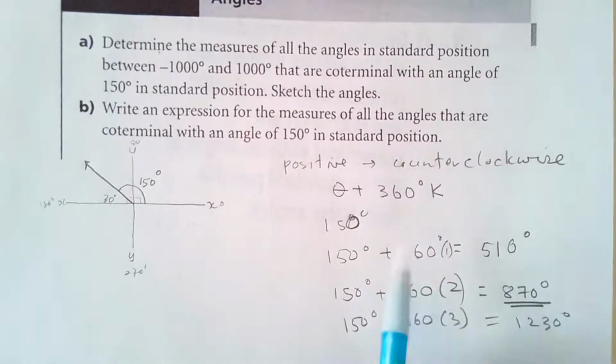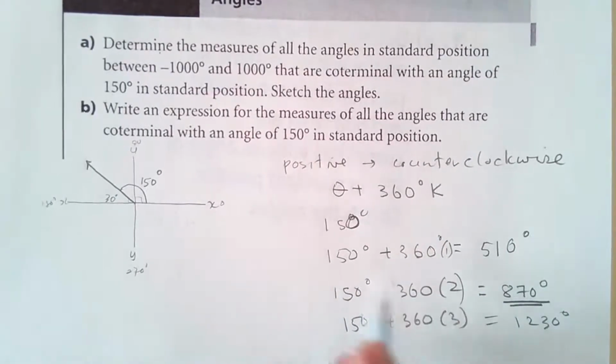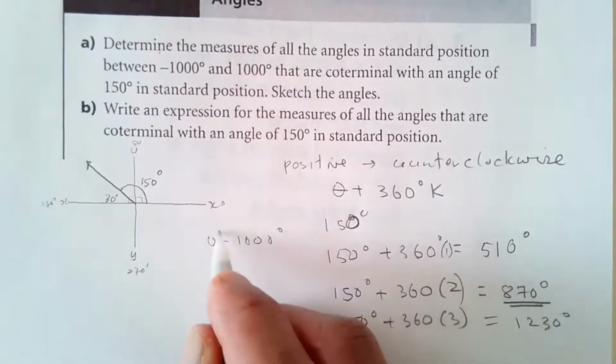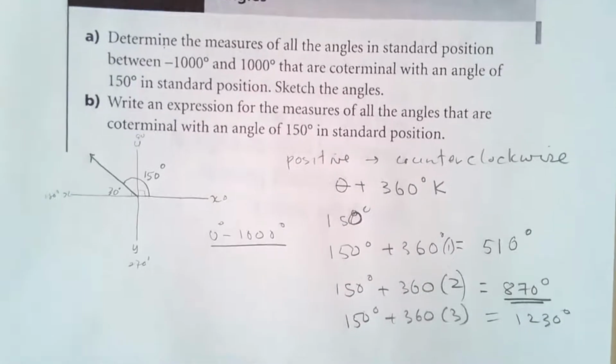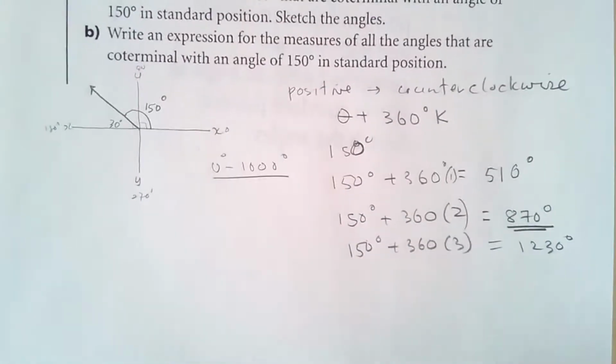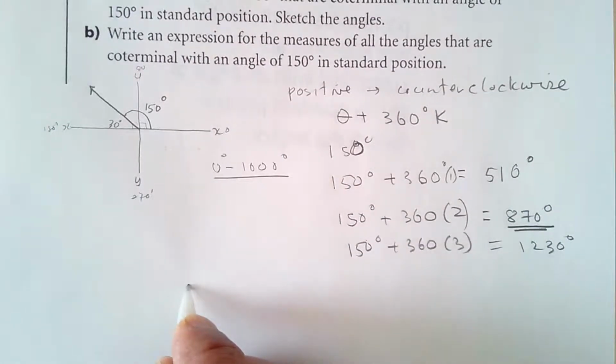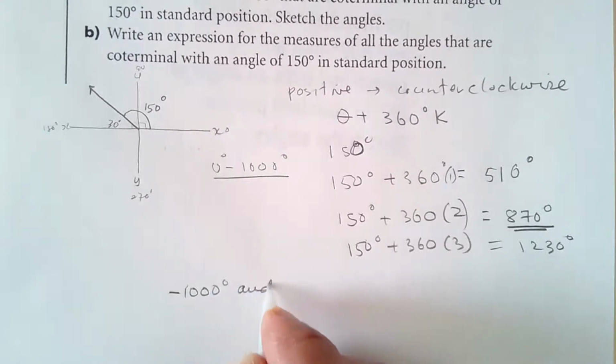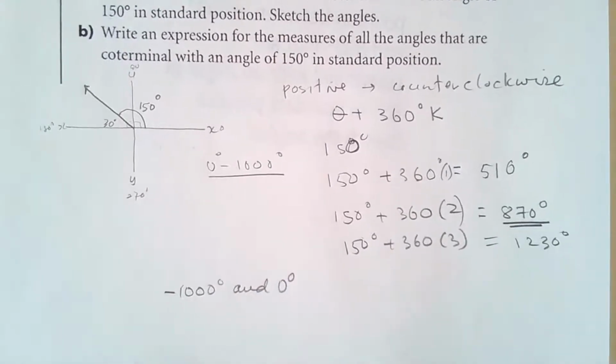So here we have between 0 and 1,000 degrees. Now let's find between negative 1,000 degrees and 0 degrees.